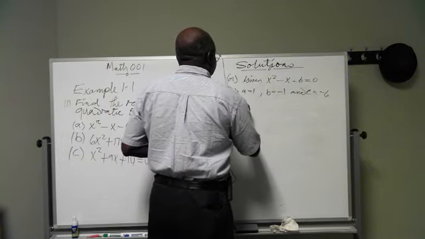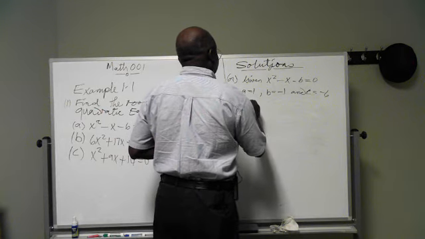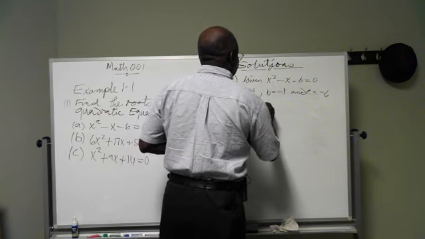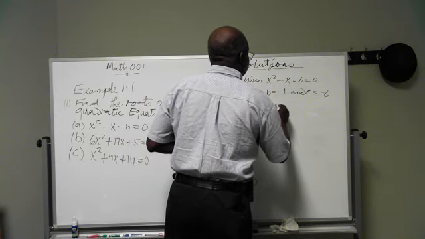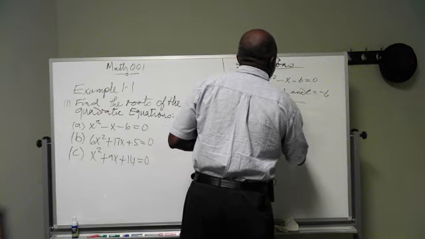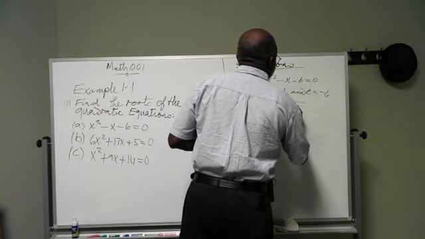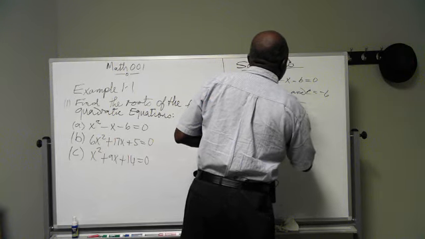Recall the formula: x equals minus b plus or minus the square root of b squared minus 4ac over 2a.